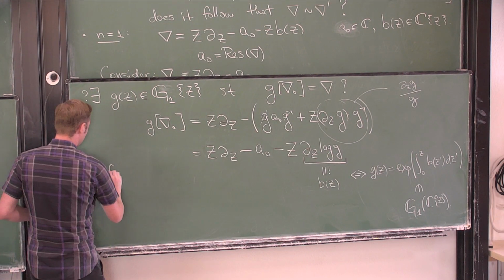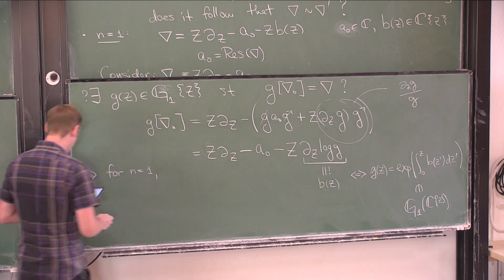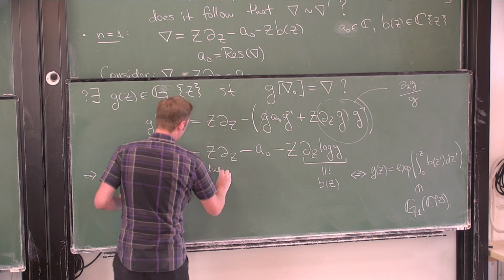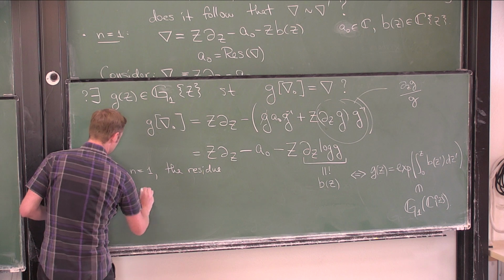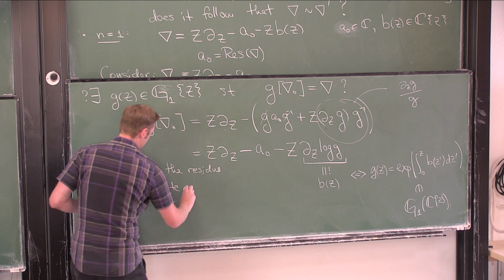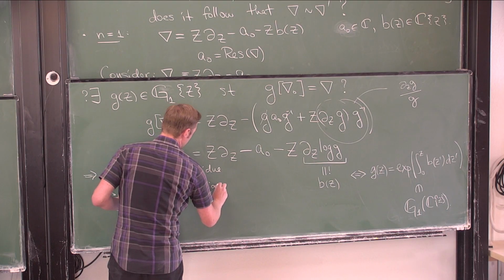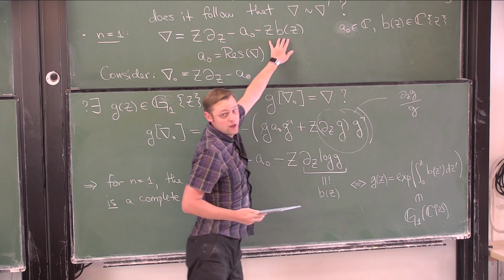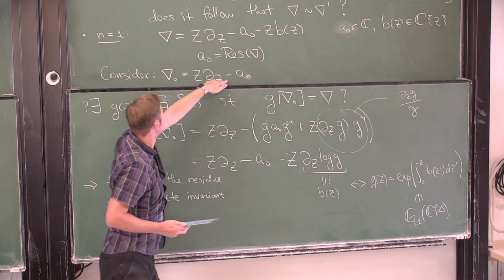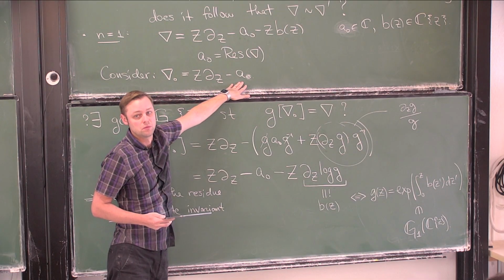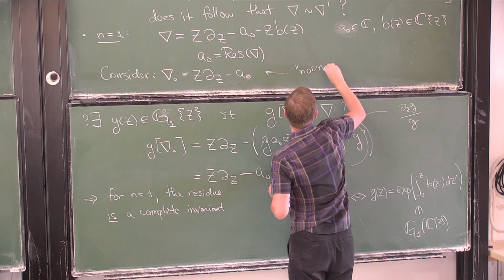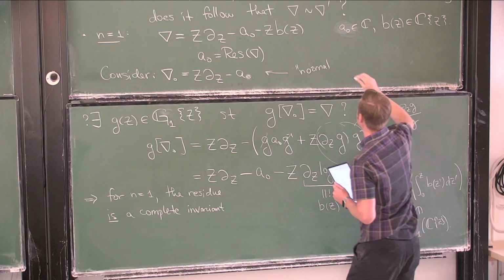So what we found from this very simple calculation is that for n equal to 1, the residue is indeed a complete invariant. Why? Because any system that you can write down whatsoever with this residue is equivalent to this normal form. So maybe I will call this our first non-trivial example of a normal form.